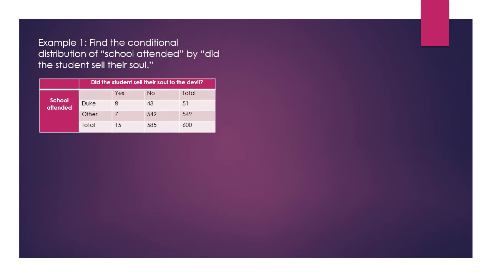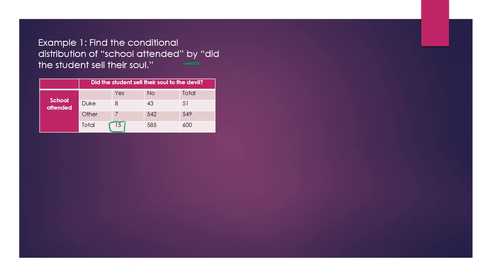Let's move on now to the more complicated concept of conditional distribution. The key here is to look for the word by. So you can see here that we are looking for the conditional distribution of school attended by, did the student sell their soul? So in other words, what we know about these people in the first instance is they sold their soul.